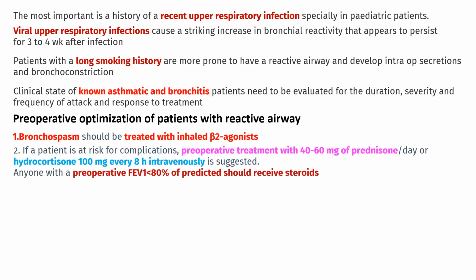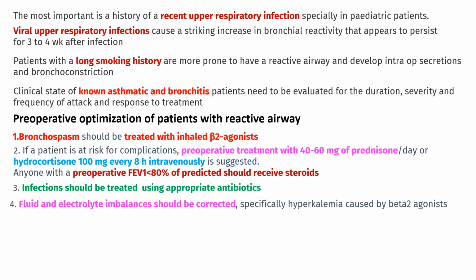And if the patient has FEV1 less than 80%, they should be treated with steroids. FEV1 may be taken as a guideline to start steroids if they are not already taking it. And if there are any infections, you have to treat them with appropriate antibiotics. Fluid and electrolyte imbalance should be corrected.